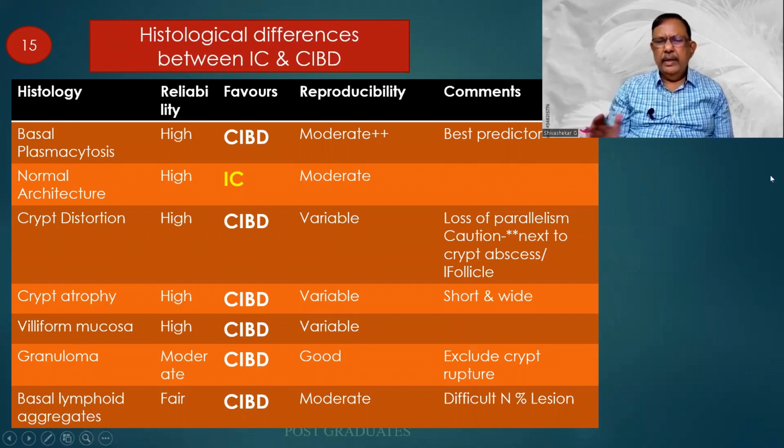Actually, this particular chart that has been given in the recent advances has 8 columns, which I have summarized to 4. And it is not difficult. You find that all these characters are found in chronic inflammatory bowel disease, and the normal architecture is retained in a case of inflammatory colitis or infective colitis. And these are the other features you people can go through.